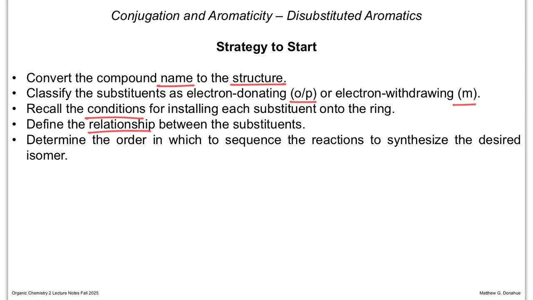And once you have all that information, all you're really doing is sequencing them to get that proper relationship. Because sometimes it does matter if you do this step before that step, it's going to switch how those things end up on the ring.